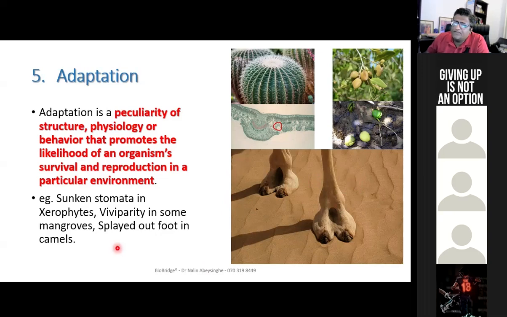And the other one is the splayed foot in camels. They have a wide base, right? Camels are there in deserts. They walk over that fine sand. So what will happen if the foot is not like that?